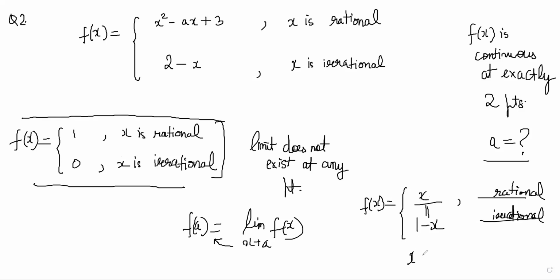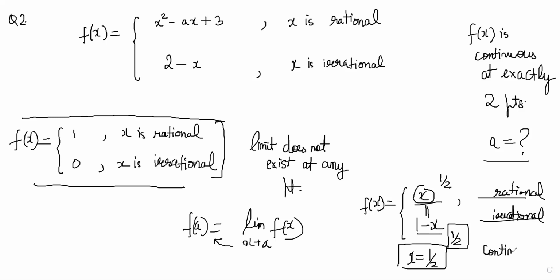For example, x is equal to half, right? Near x equal to half, the rational is tending to half and irrational is also tending to half. So that is one nice point where the limit will tend to half from both sides, and the value is also half. So it will be continuous at one point, right?